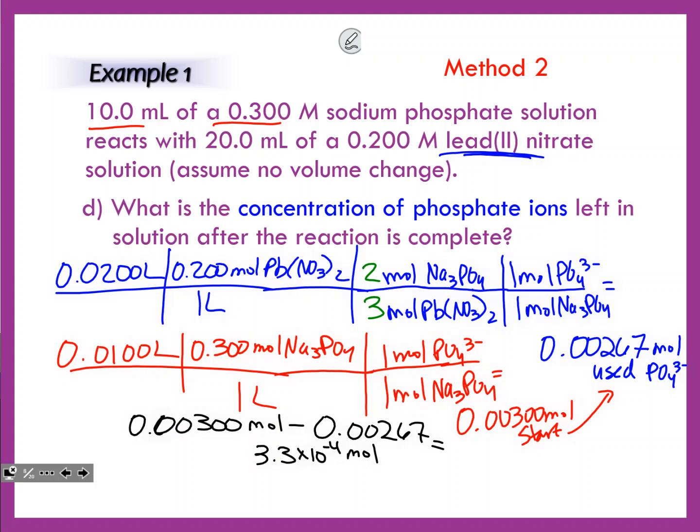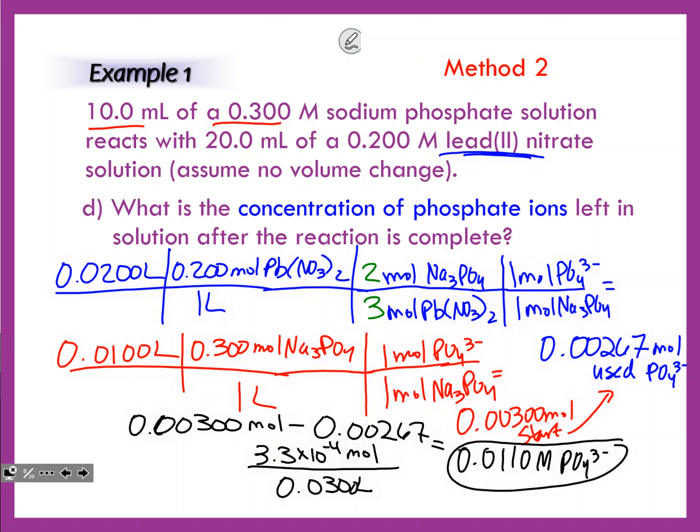We still aren't done yet though, because we have to divide by the new volume. And here we get 0.0110 molar phosphate.